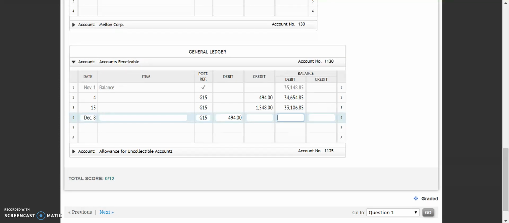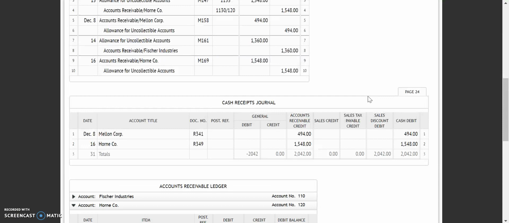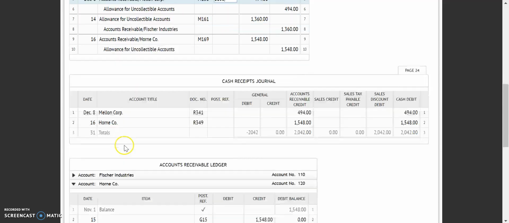So we take our $33,106.85, and we add $494, and we go up to $33,600.85. And we come back up and we put account number in there, and then we also need to do the same thing to Mellon Corp.